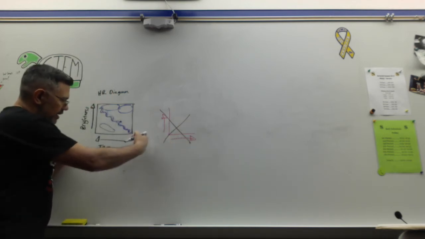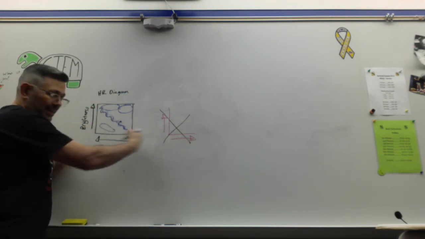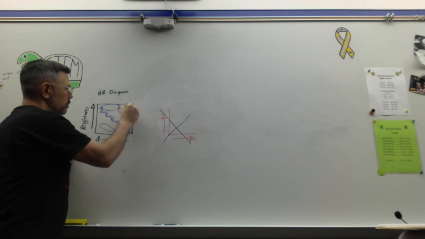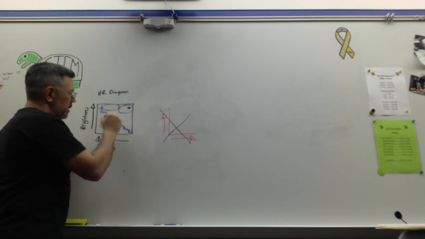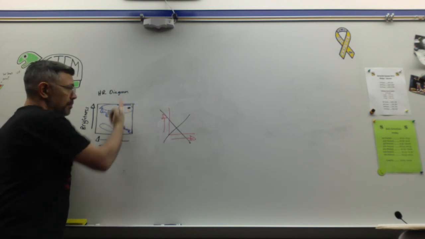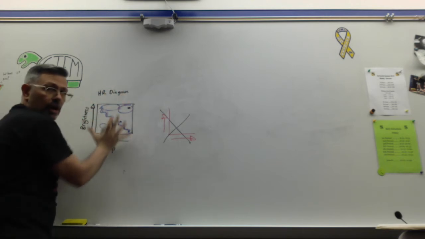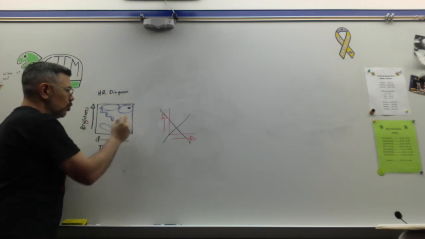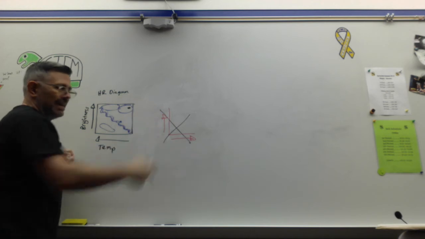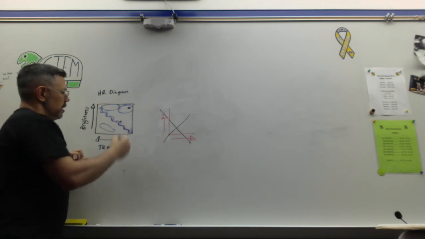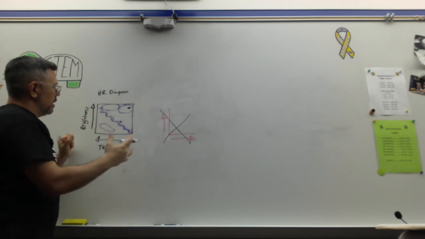The temperature increases as you move from the right to the left. So Betelgeuse, which would be up here, is a star that's really bright. Look at the luminosity, right? It increases as you move up. But it's cooler because it's on the right side. So you just gotta kind of look at it like this.